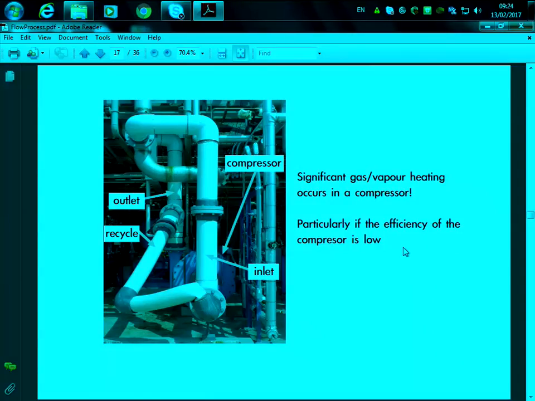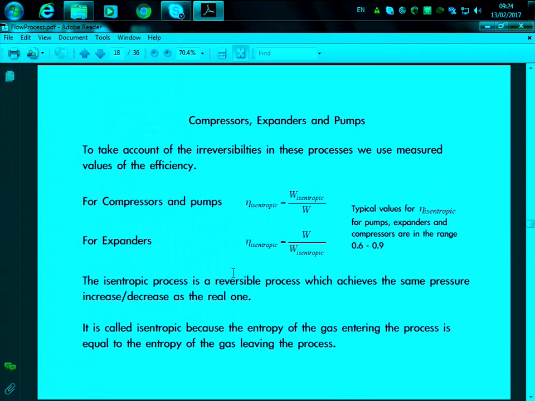But then if the compressor changes in its efficiency, most of the energy will go into heating, and a minimum amount of energy will actually go on the fact of increasing the pressure of the fluid. So we normally assume that a compressor behaves adiabatically.